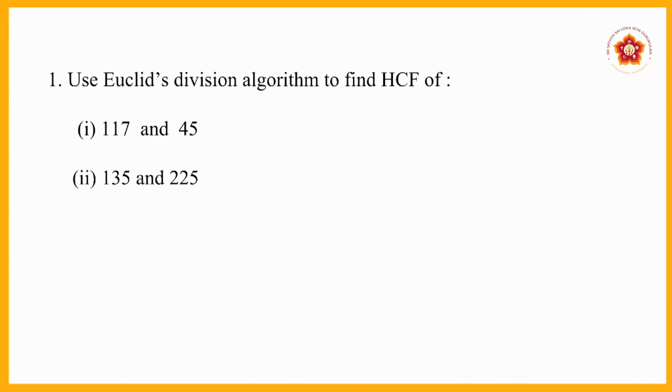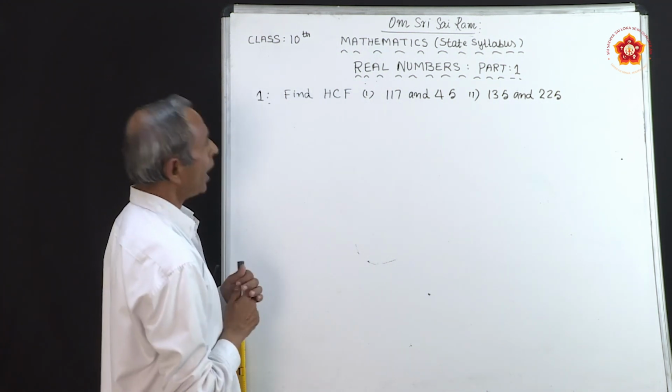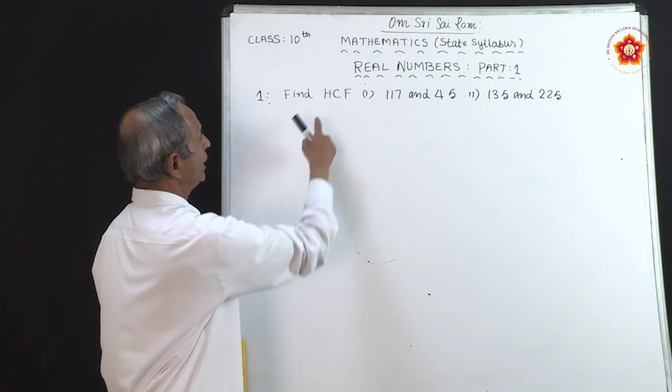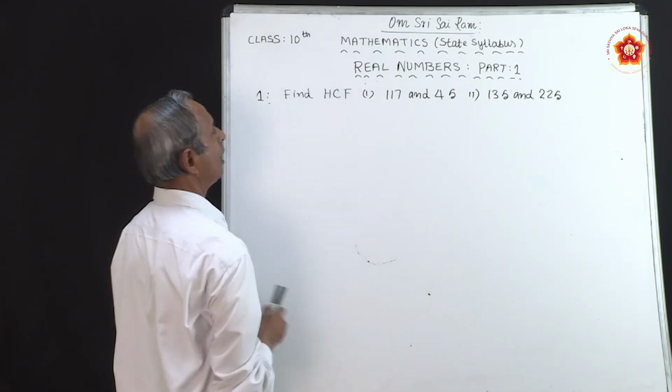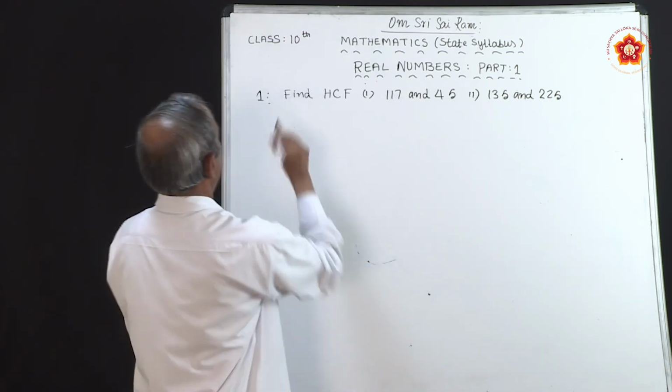The first problem is 117 and 45, and the second problem is 135 and 225. Now, by using Euclid's algorithm, we have to find the HCF, the highest common factor, of 117 and 45. Let us find out the HCF now.